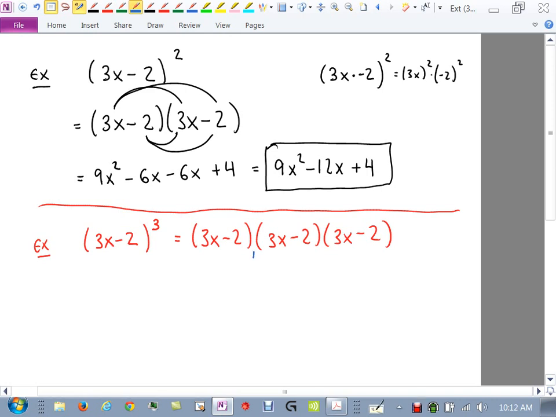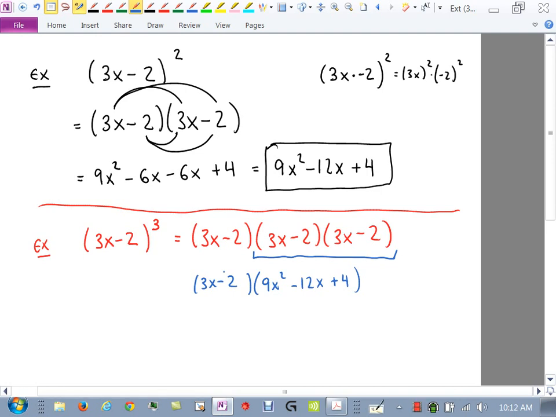Look at the second two right here. Could you just multiply those out? Just those two. And you would get exactly what we just got above, wouldn't you? You'd get 9x squared minus 12x plus 4. So this would become 9x squared minus 12x plus 4. And then what's still sitting in front of this? 3x minus 2. Now, isn't that a binomial and a trinomial?